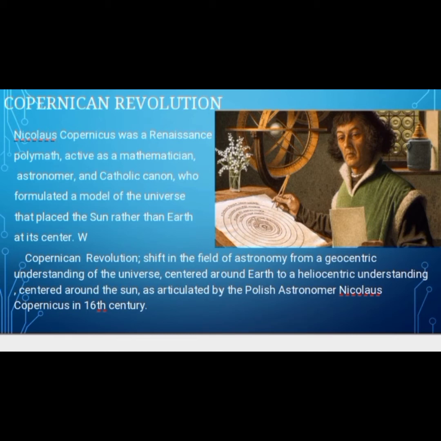The Copernican Revolution is a shift in the field of astronomy from a geocentric understanding of the universe, centered around the Earth, to the heliocentric understanding, centered around the sun, as articulated by the Polish astronomer Nicolaus Copernicus in the 16th century. This theory gives us an important framework for understanding the universe.